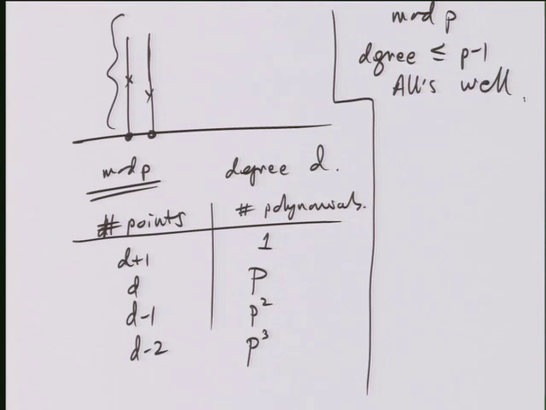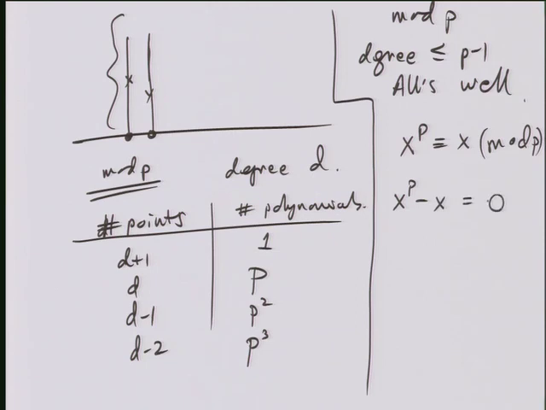So what starts happening? Fermat starts happening. x to the p is always congruent to x mod p for all x, which means that x to the p minus x, this polynomial, is the same as the zero polynomial.